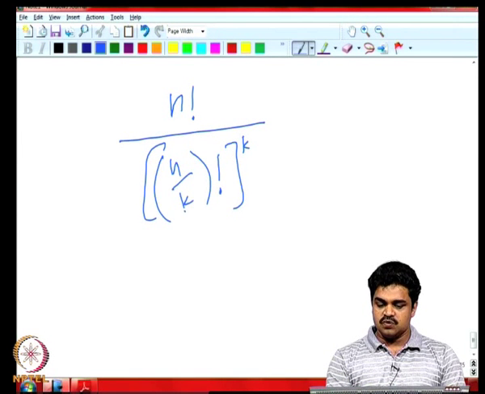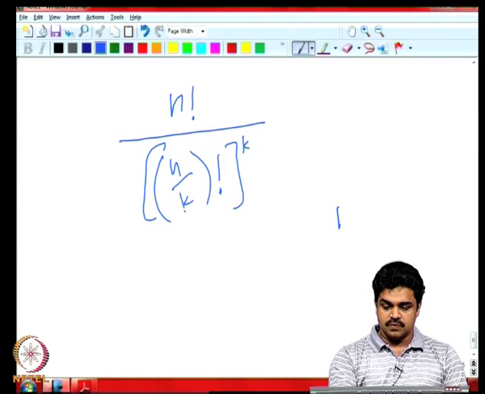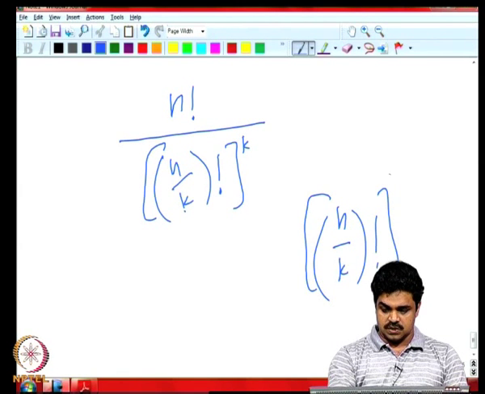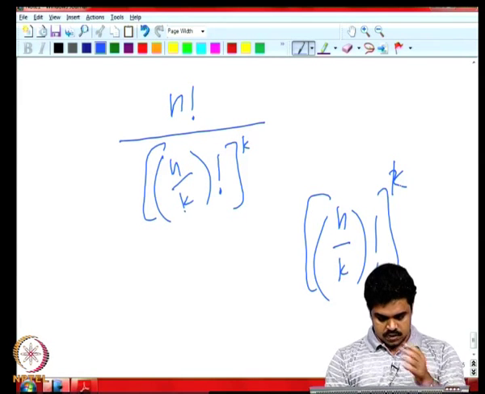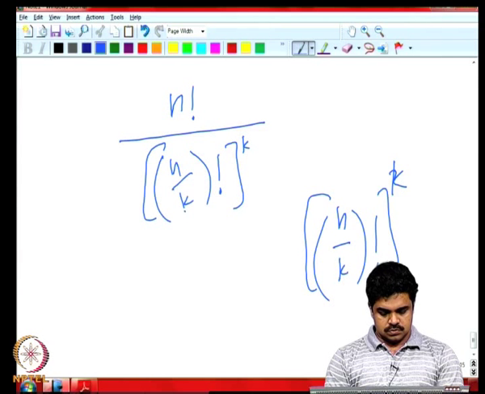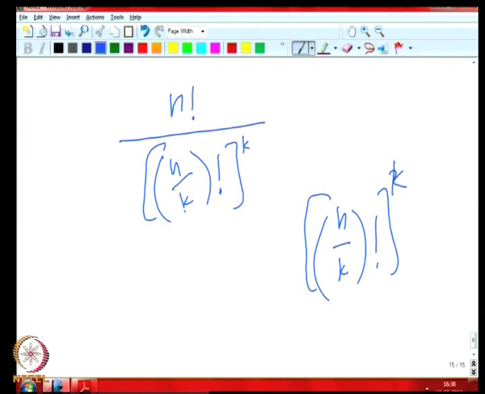It is definitely a D-to-1 function, where D is equal to n by k factorial, n by k being the number of things which we give into each box, to the power k. So the number of partitions will be equal to that. This is one different case we can remember.